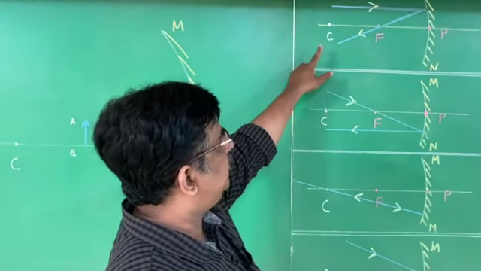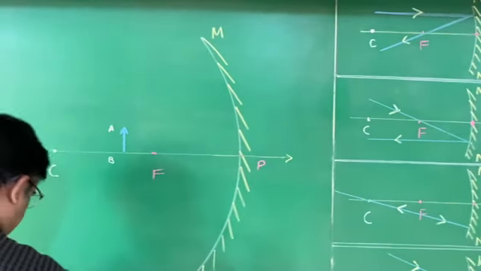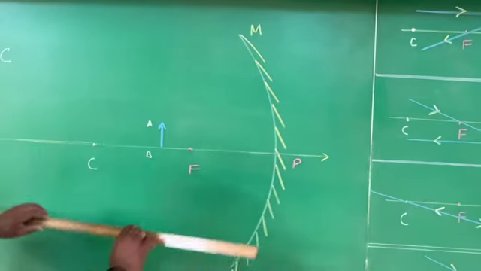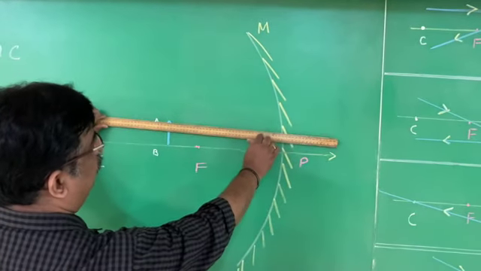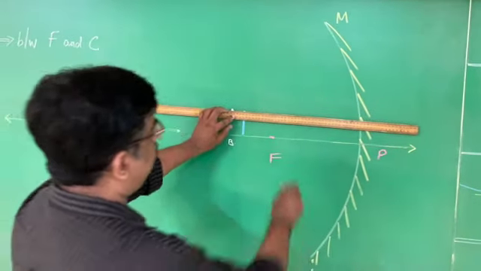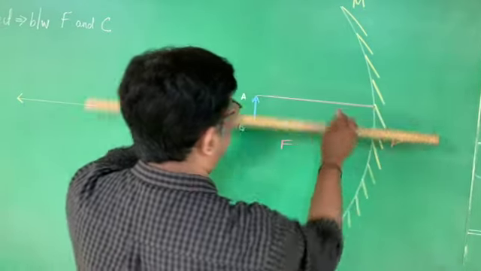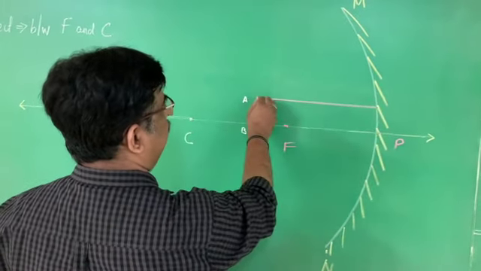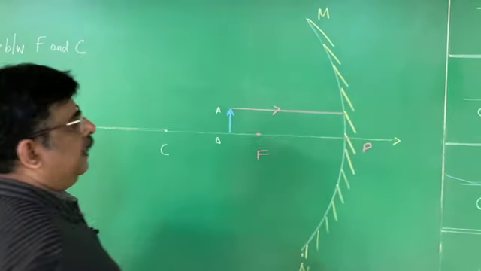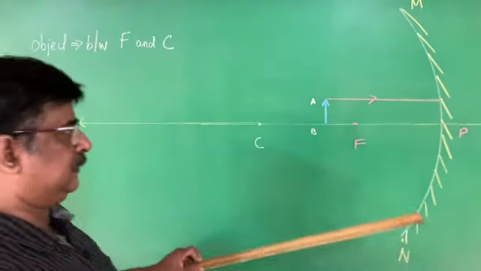The first condition is a ray of light parallel to the principal axis. The ray coming from the object parallel to the principal axis, after reflection, has to pass through the principal focus.